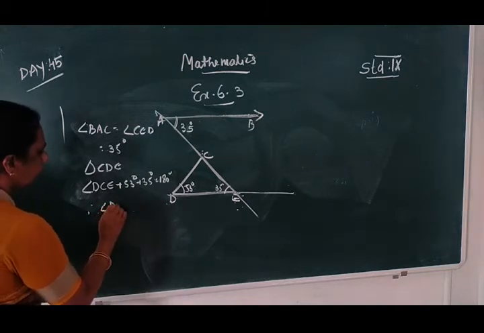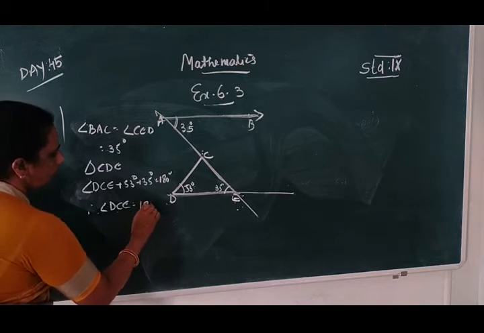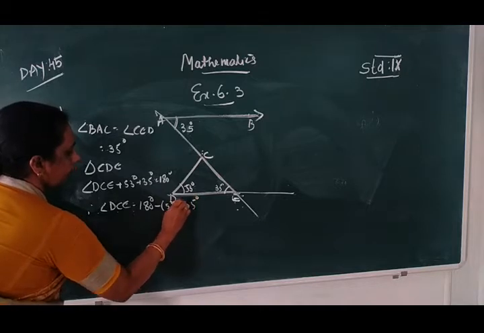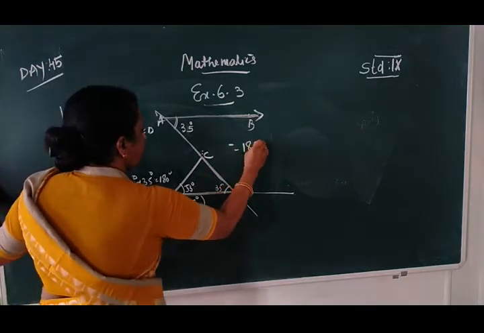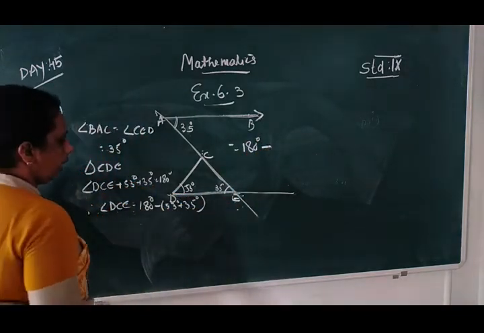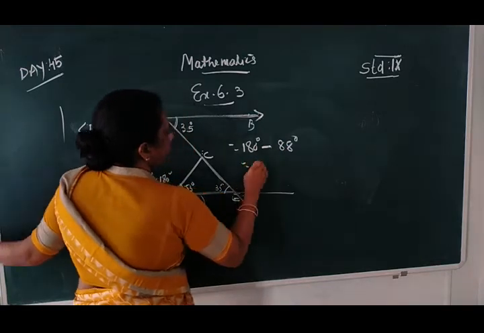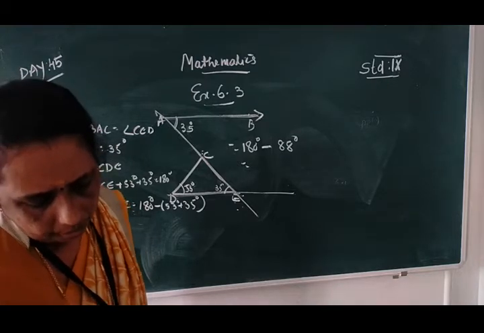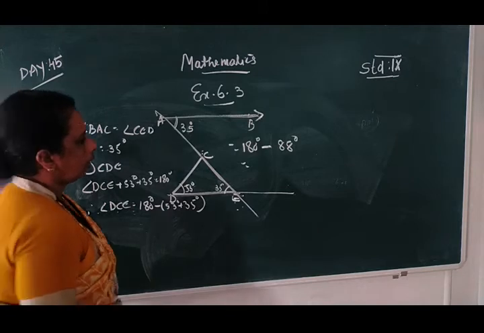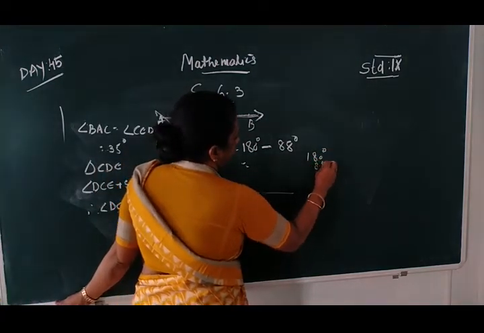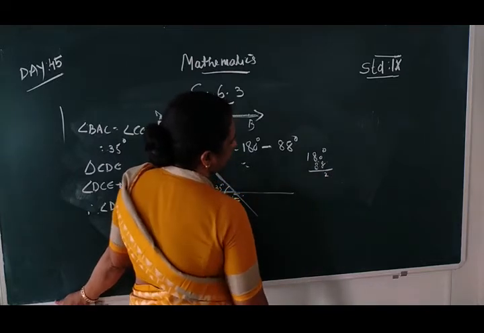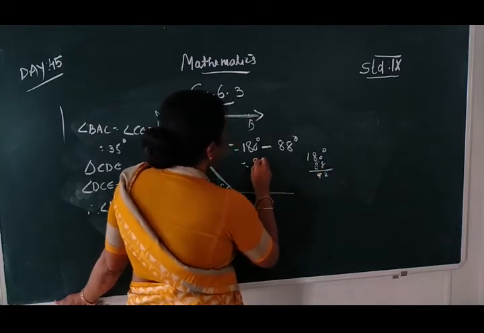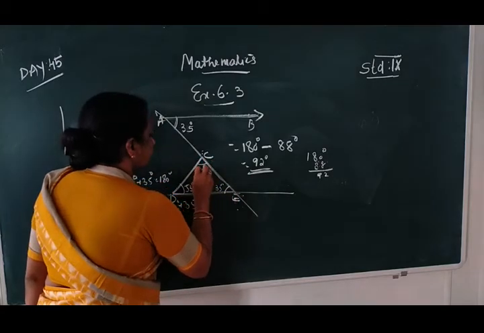Therefore, angle DCE is equal to 180 degrees minus the sum of 53 and 35 degrees, which is 88 degrees. So angle DCE is 180 degrees minus 88 degrees, which is 92 degrees.